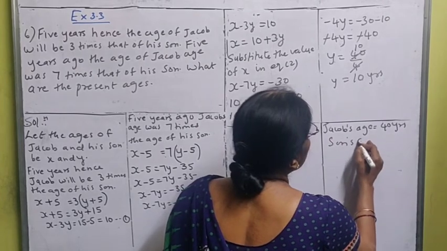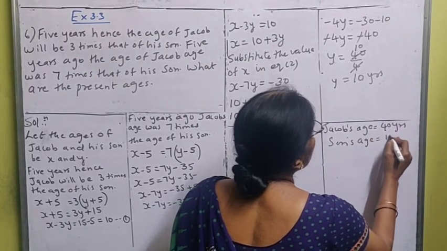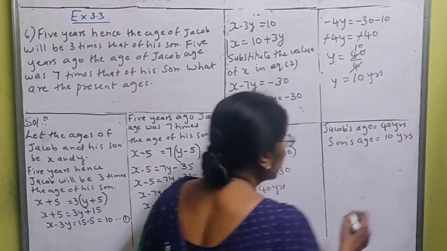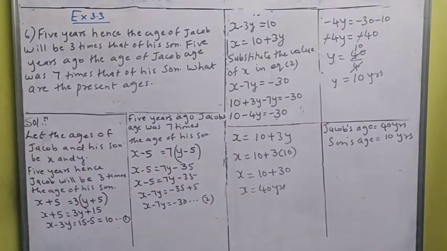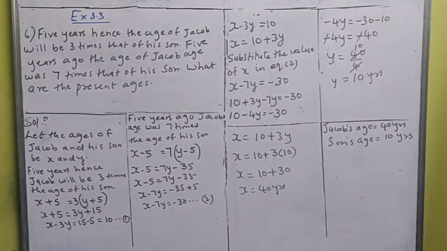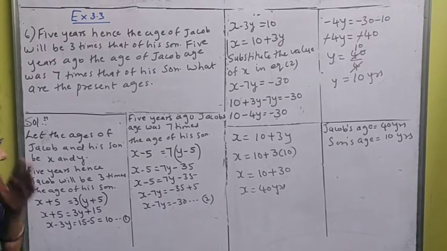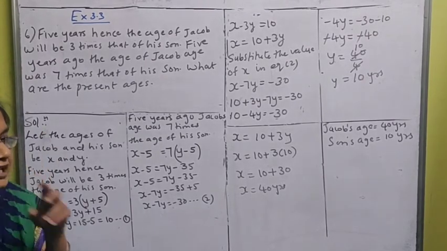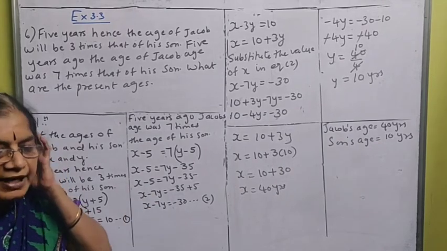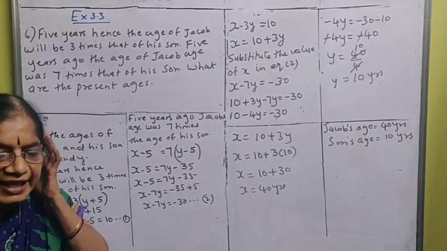Son's age is equal to 10 years. So once again I will explain this sum. Here the relationship between the ages of father and son is given. Keep in mind that the father's age will always be more than the son's age.